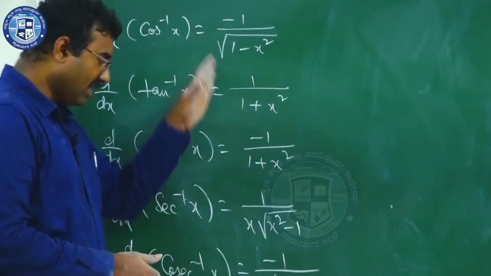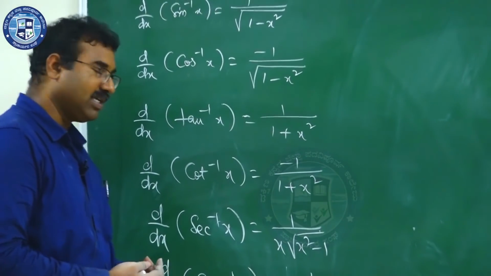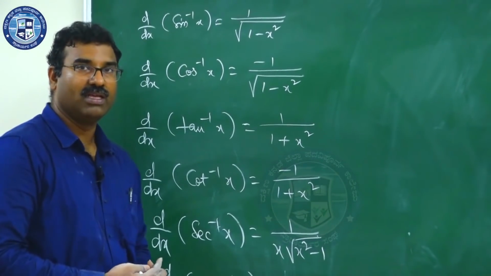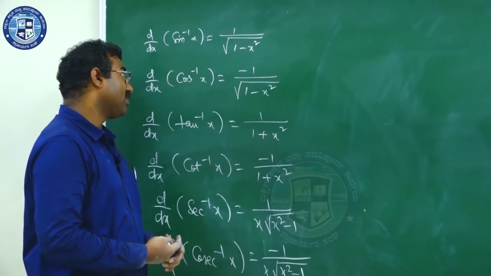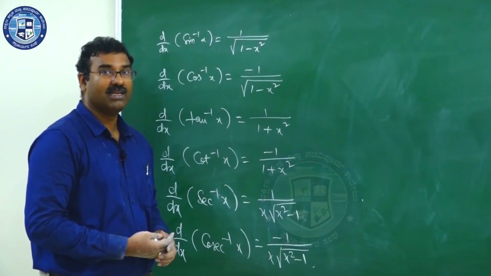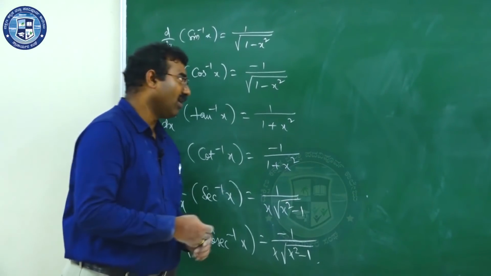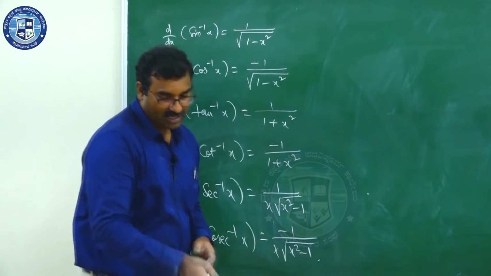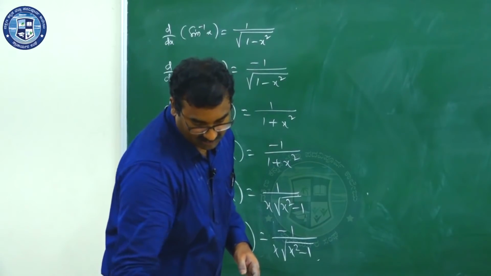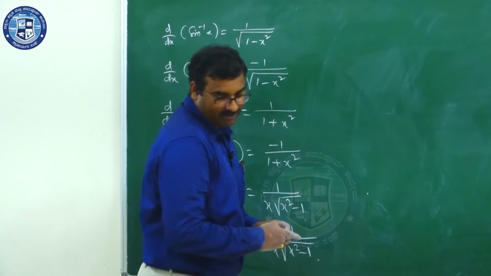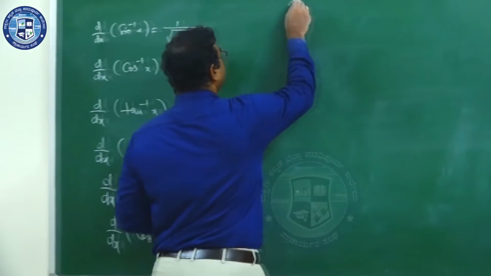Okay. So these are the formulae you must remember to solve the derivatives of inverse trigonometric functions. We just solve two simple problems and then we will stop this session. So we just take y.